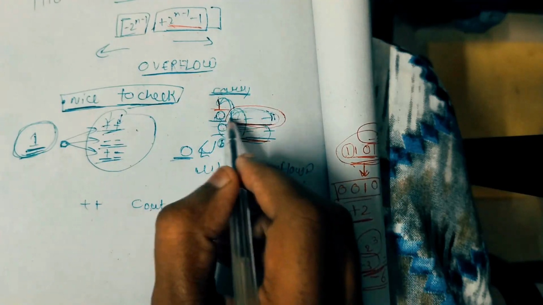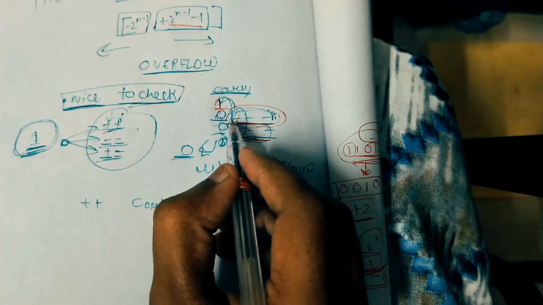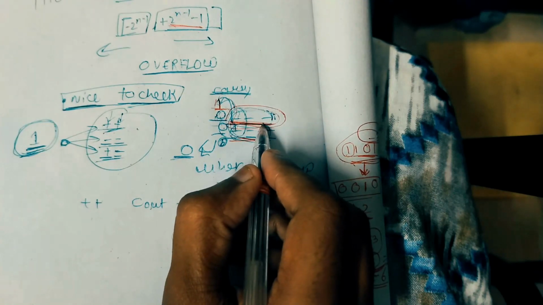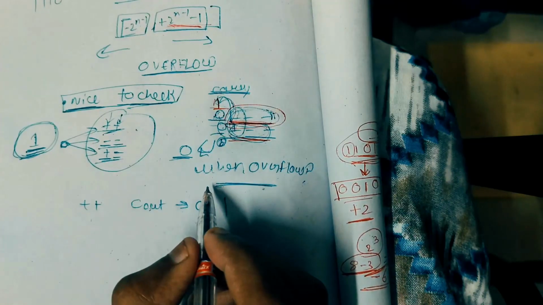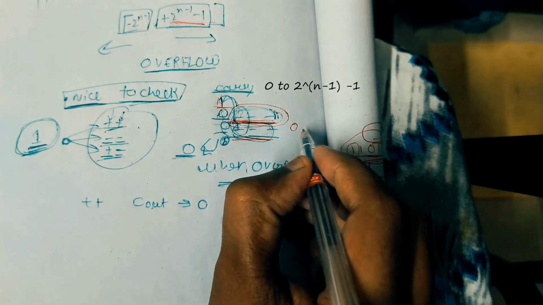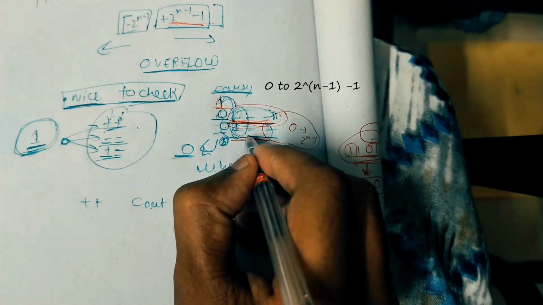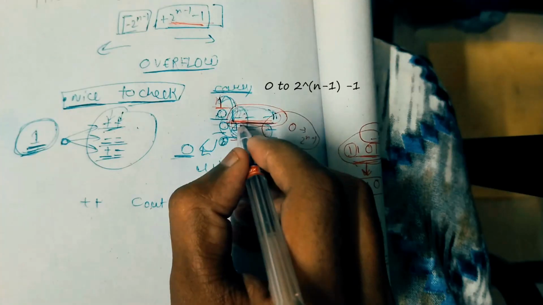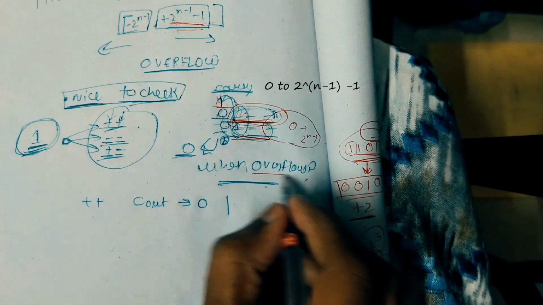So whatever the sum of these two is, it produces a carry. That means it cannot be represented using these many bits, hence it is greater than this. These bits can only represent from 0 to 2 to the power n minus 1, and since the sum produced a carry, the sum is greater than this, hence overflow.